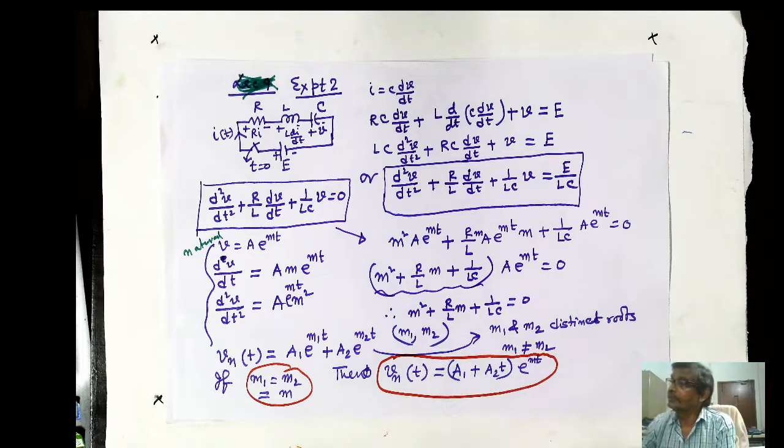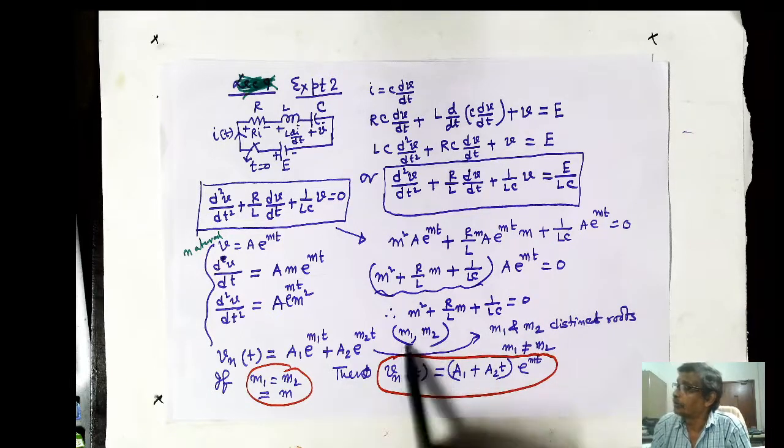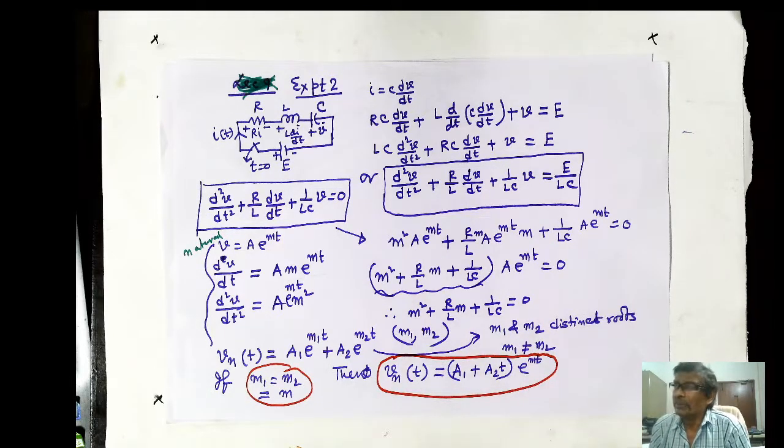Therefore, this factor must be 0, and this is the characteristic equation. This characteristic equation becomes a quadratic equation for a second order differential equation, and the roots m1 and m2 can be found from this algebraic equation. Now, there may be several situations. For example, m1 and m2 may be distinct roots, that is, not equal, or they may be equal.